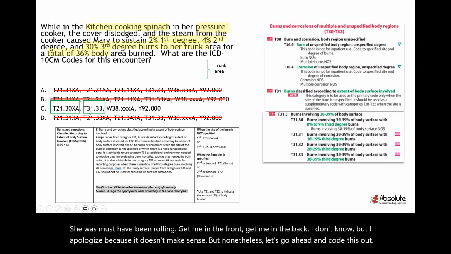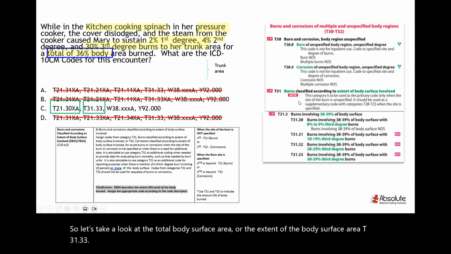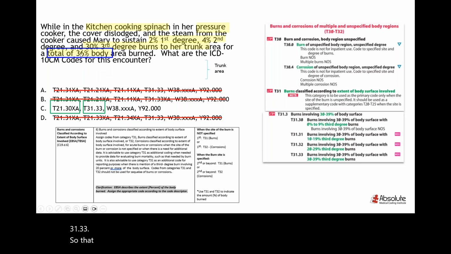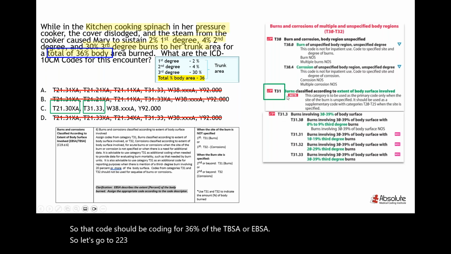So let's take a look at the total body surface area, or the extent of the body surface area, T31.33. That code should be coding for 36% of the TBSA or EBSA. So let's go to the T31 category. These are burns classified to the EBSA, extent of body surface involved.